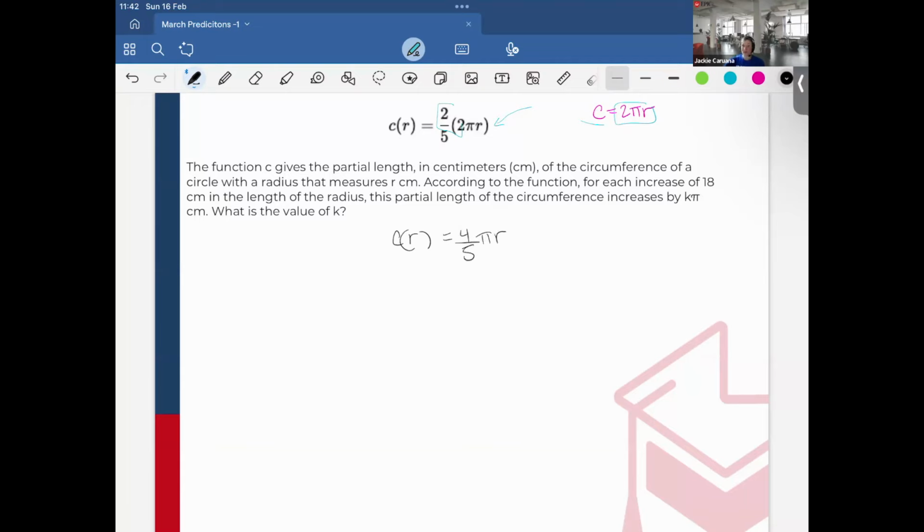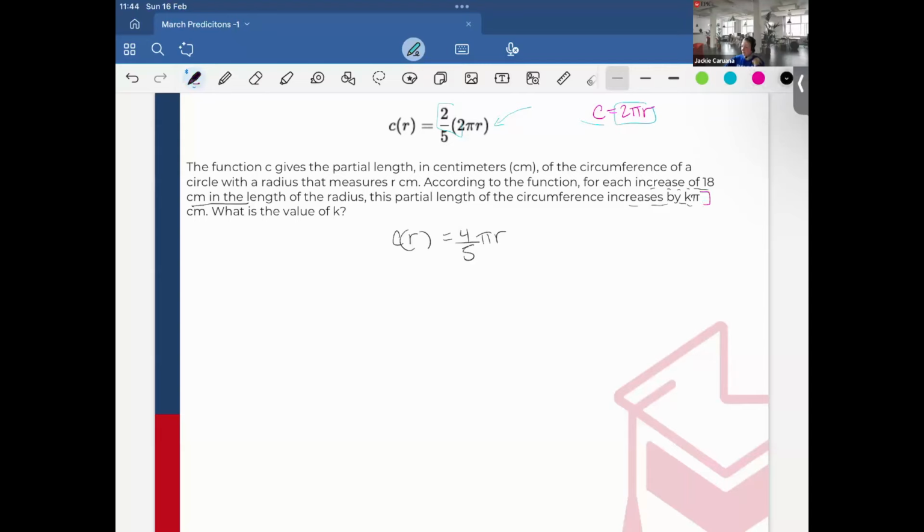Okay, so since this is a function and I want to find that for each increase of 18 centimeters in length, the partial length increases by k pi. Very rate of change type of language.